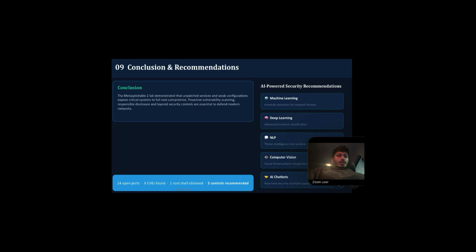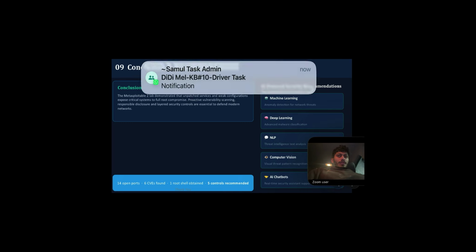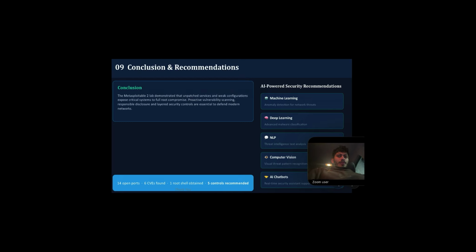Conclusion. In conclusion, this penetration testing demonstrated how vulnerable systems can be identified, analyzed, and safely exploited in an authorized environment. Our assessment discovered 14 open ports, identified 6 major CVEs, and successfully achieved root access through the VSFTPD backdoor vulnerability.